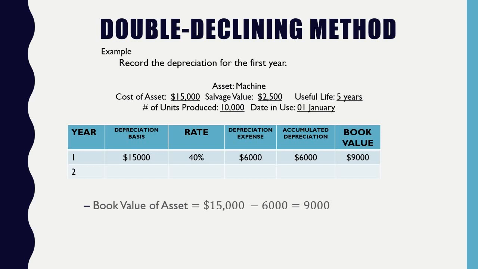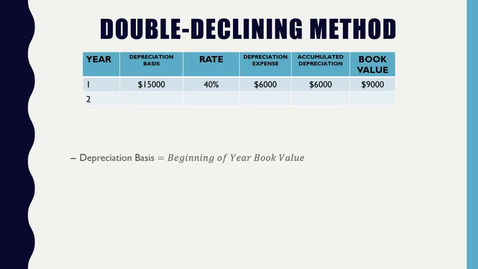Now, what happens when I need to continue on for the second year? We start the formulas all over. The depreciation basis for the second year is going to be the beginning of the year's book value.